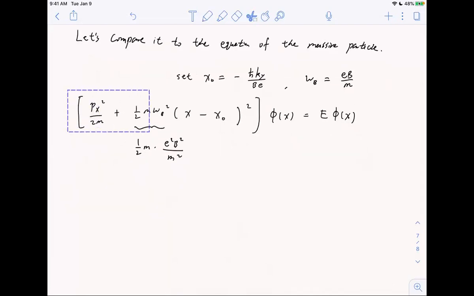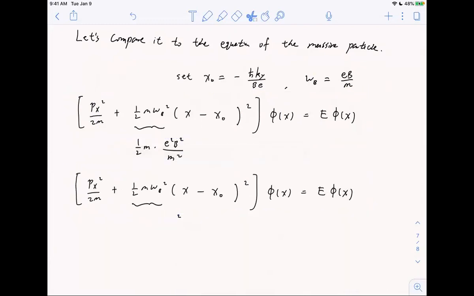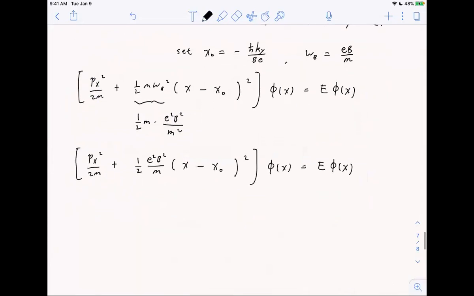So this whole thing will become, let me see, what is that? One half e squared b squared over m.